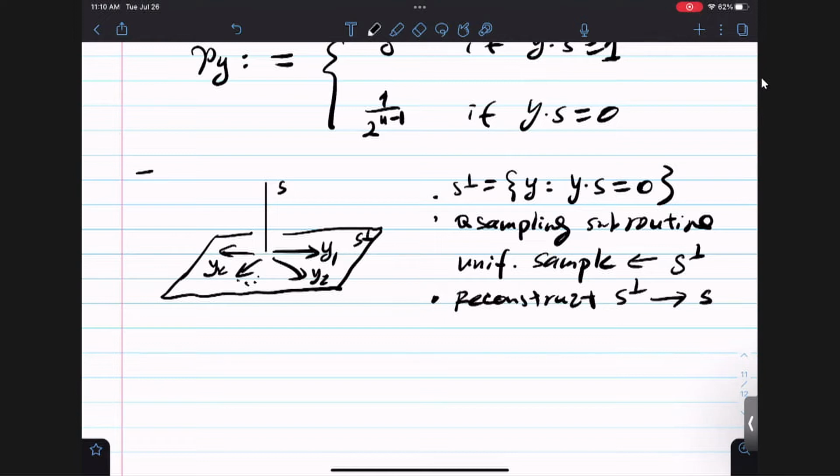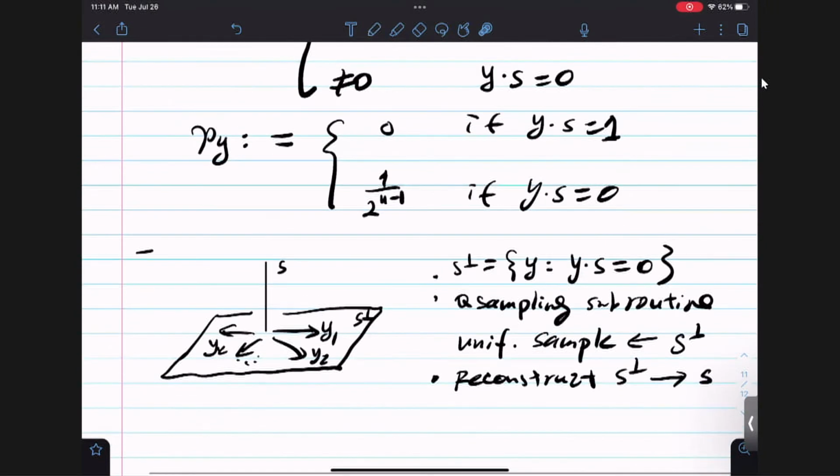So we can reconstruct S-perp and then compute S. Basically, all we need to do is get n-1 linearly independent samples in this hyperplane. And taking linearly many samples will be enough. So I think this actually finishes the analysis of Simon's algorithm.